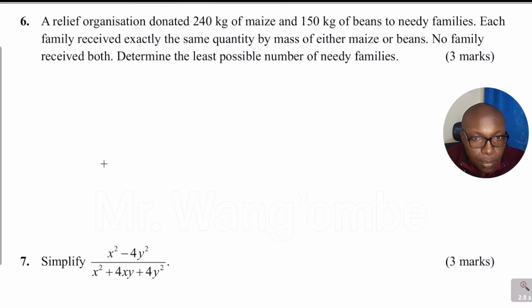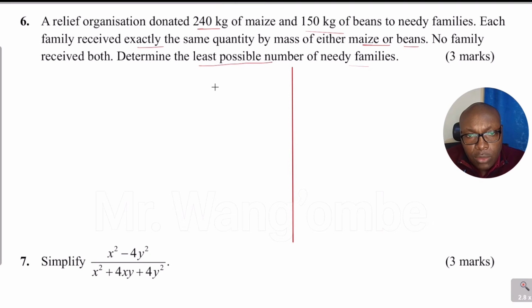The least possible number of needy families. Now, the amount of food to be donated in terms of maize and beans, we have 240 kg of maize and 150 kg of beans, and each family received exactly the same quantity by mass of either maize or beans.